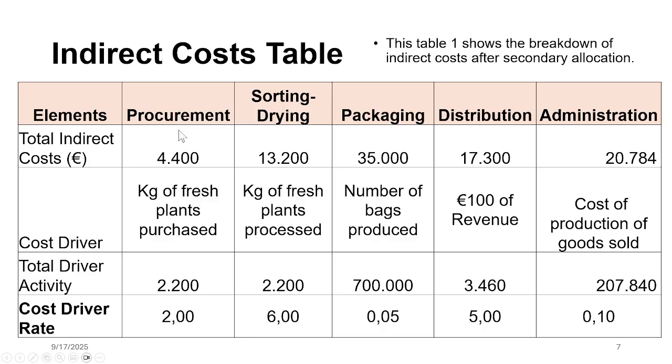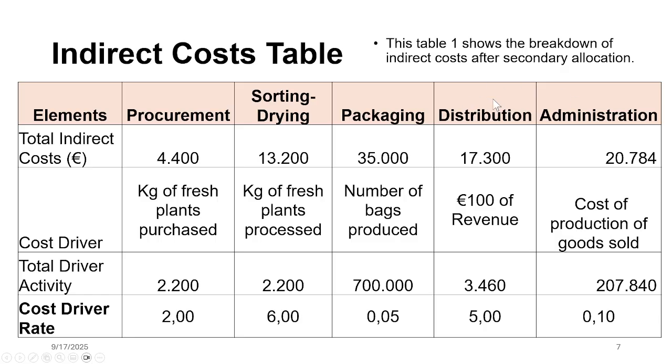In this table, we have the breakdown of indirect costs after the secondary allocation. The first column is the total indirect cost with all of the elements, the cost driver, total driver activity, and cost driver rate. The second column is the information about the procurement center, and after that the sorting and drying workshop and the packaging workshop.